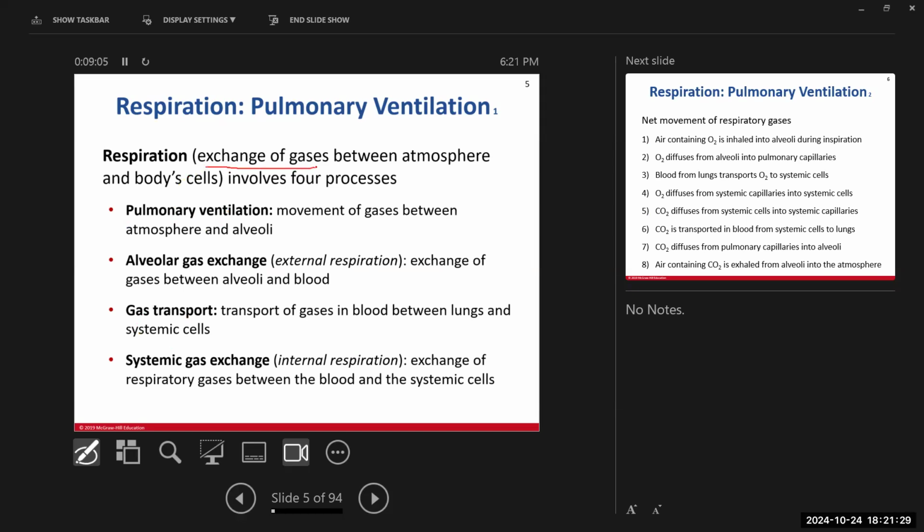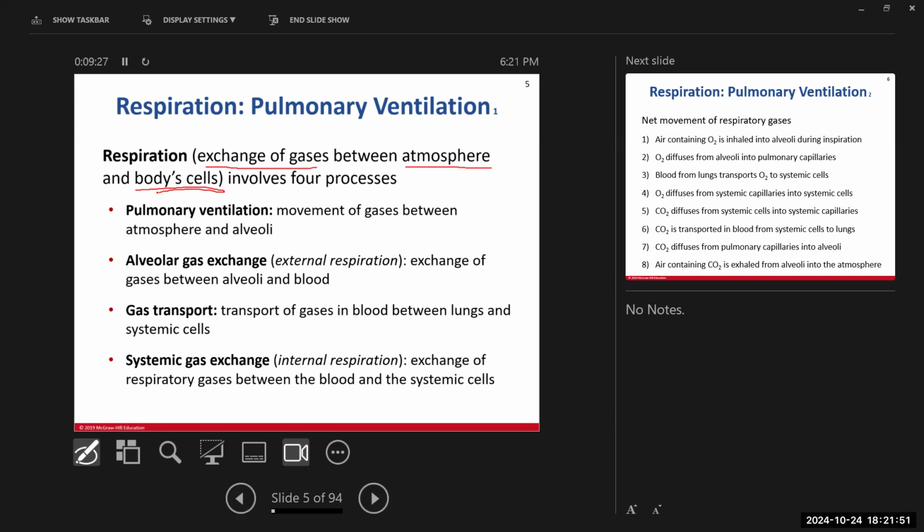But we're going to be talking about 2 areas. One, between the atmosphere, like the air in this room, and our lungs. And the second place is in our cells. So we're going to see gas exchange between the atmosphere, whether you're inside, outside, wherever, and your lungs, and then your blood and your tissues.